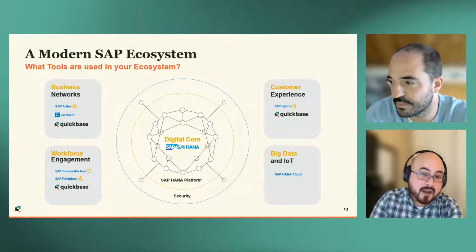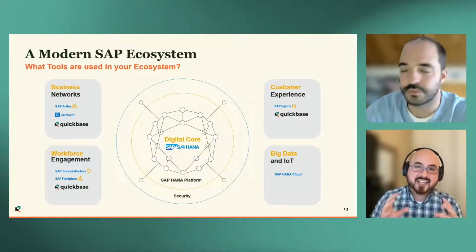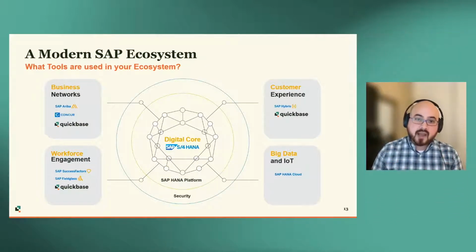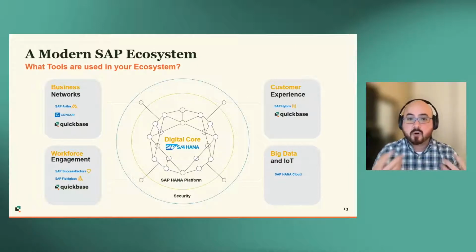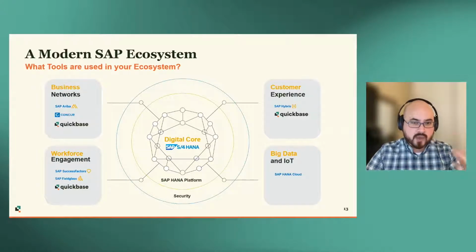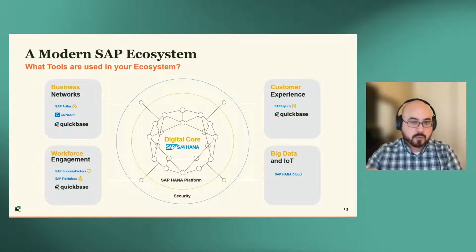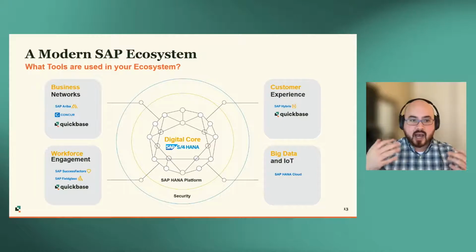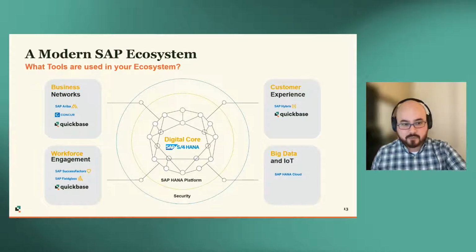Well, a modern SAP ecosystem really has S4HANA at its core, but you'll then see that there's a ton of different tools that it works with to provide specialized services to different functional areas of your business. So, with S4HANA as that central repository, you'll see something like Ariba or SuccessFactors, if you're dealing with an HR management use case.